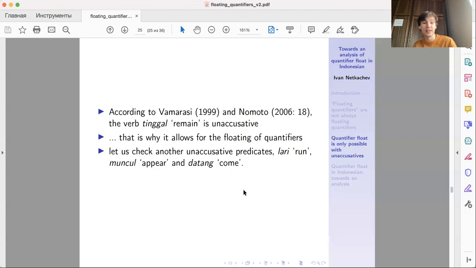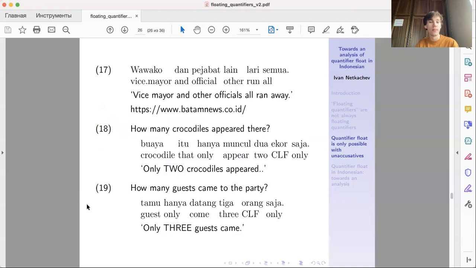But let us now check other unaccusative predicates: lari, run, muncul, appear, and datang, come. So will they allow for the floating of quantifiers, or maybe they won't? Well, it appears that all of them allow for the floating of quantifiers.